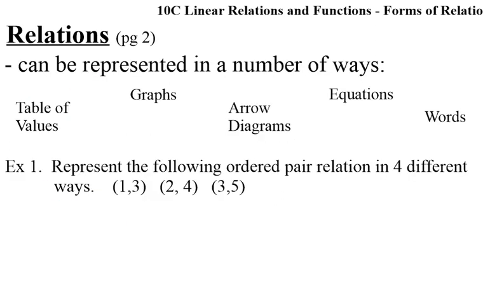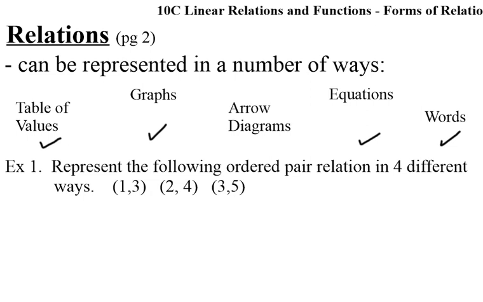Now, you've seen a lot of this in the past in junior high, the relation and the way things could be related. We looked at the fact that a table of values could represent a graph, or a graph could represent a table of values, but those things also come from equations in words.